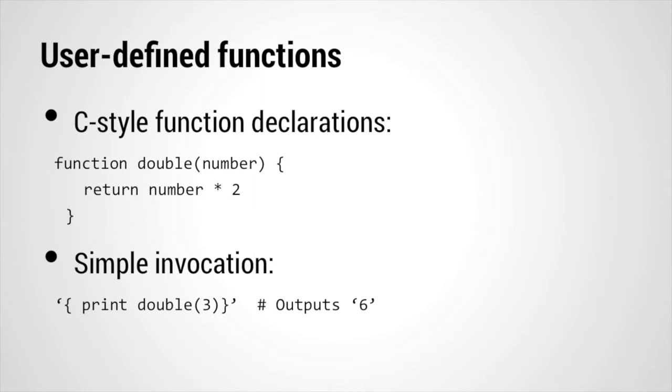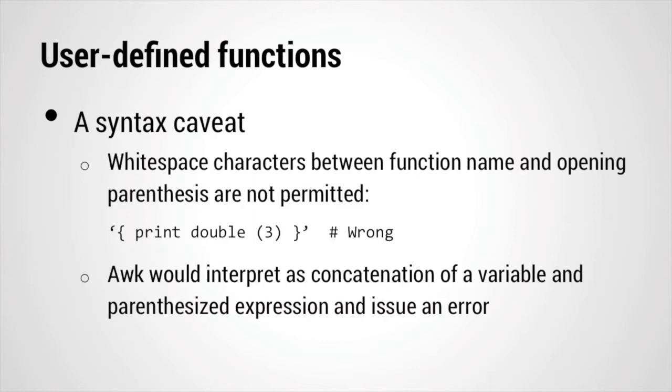And their call syntax is really simple too. But there's another syntax caveat here. There cannot be white space between a function's name and its opening parenthesis. Because of the lack of a concatenation operator, awk interprets that white space as the concatenation of a named variable and an expression that's in parentheses, so it'll give an error.